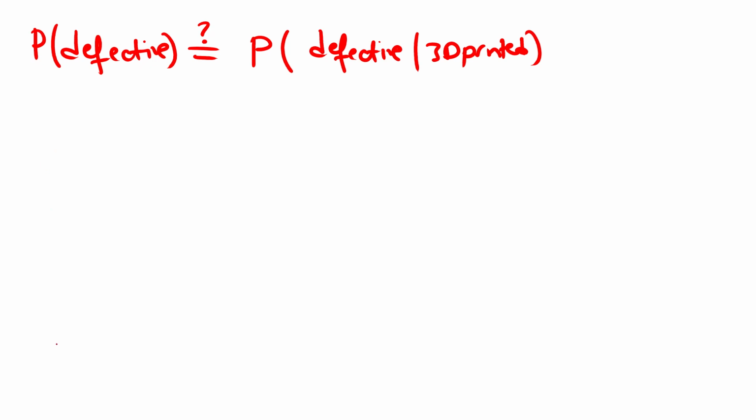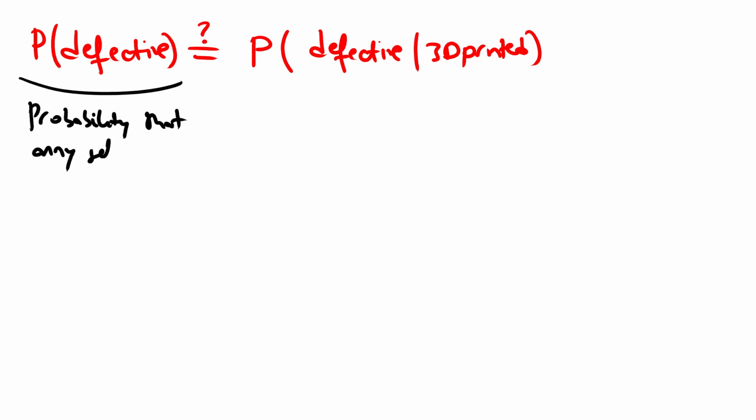The first one says, what is the probability, let's say, probability that any selected product is defective? This is the left-hand side that tries to answer.